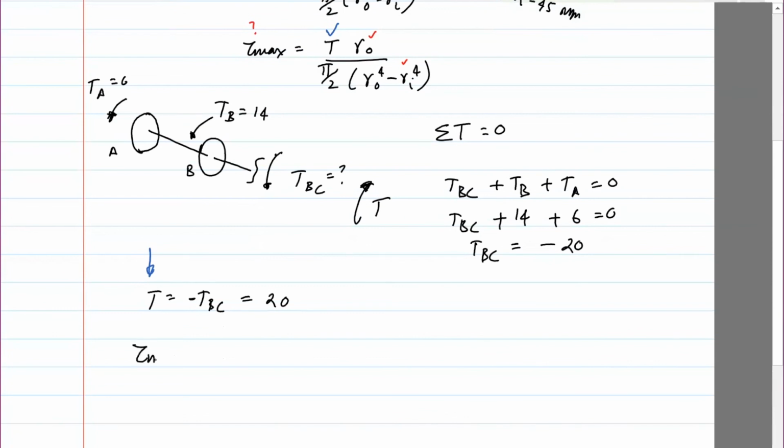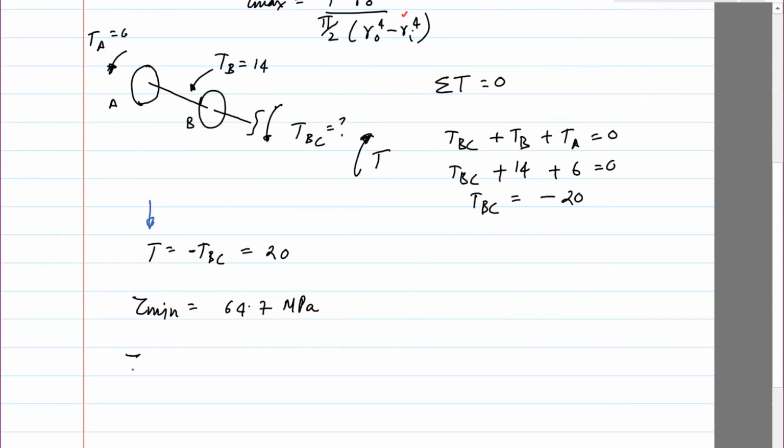So tau min, after doing all the calculations, comes out to be 64.7 MPa, and tau max is 86.2 MPa. In other words, if you take the shaft piece, the maximum will occur on the outer edge, and the minimum will occur here.